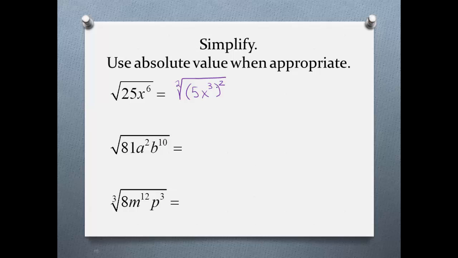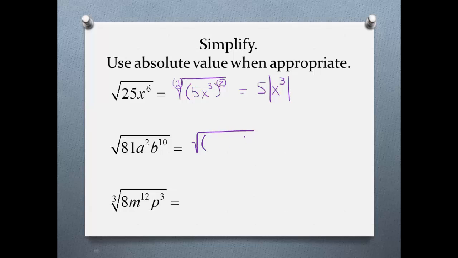And I know that because when I raise powers to another power, I multiply the exponents. Now this index and this power undo each other and just leave me with 5x cubed and no root anymore. But because this is an even root, I need to put absolute values around the variable part.